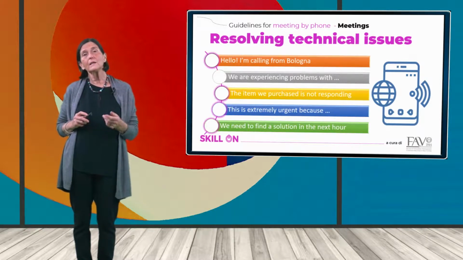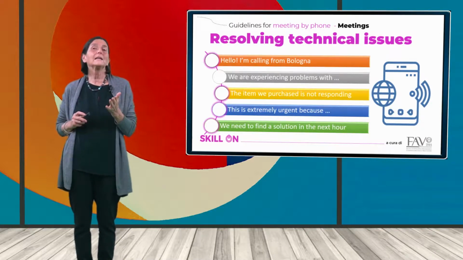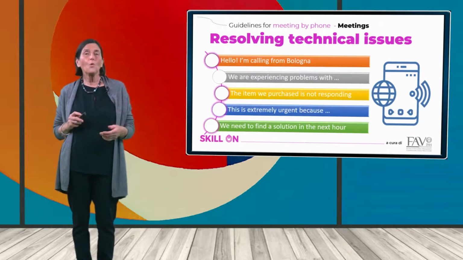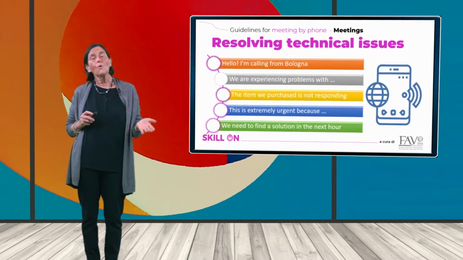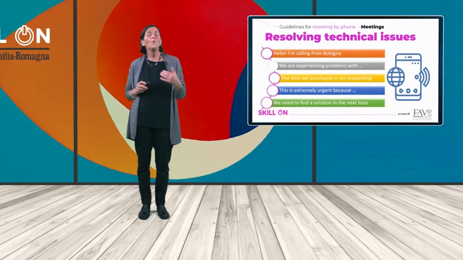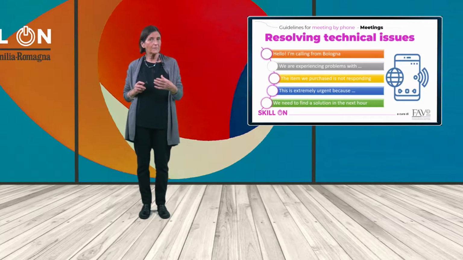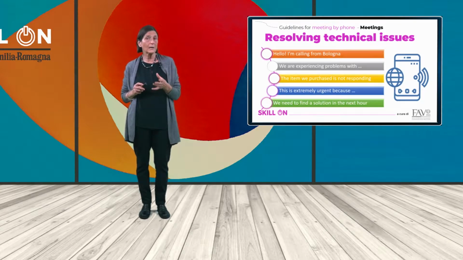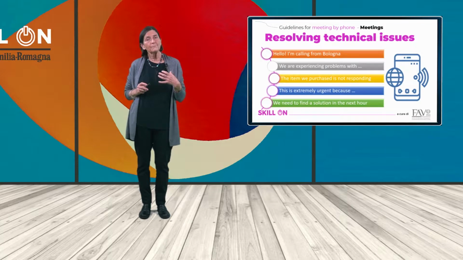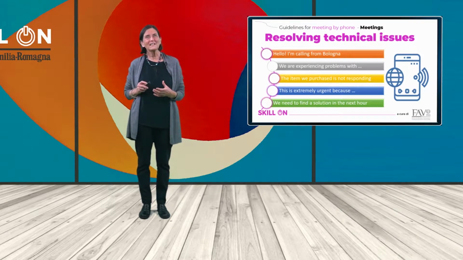And then again, underlining, we need to find a solution either in the next hour, or this afternoon, or entro oggi, by the end of the day, or within the next 3 hours. You specify the time frame, and then to conclude you could say, we really appreciate your collaboration in this, to encourage your supplier to be proactive.